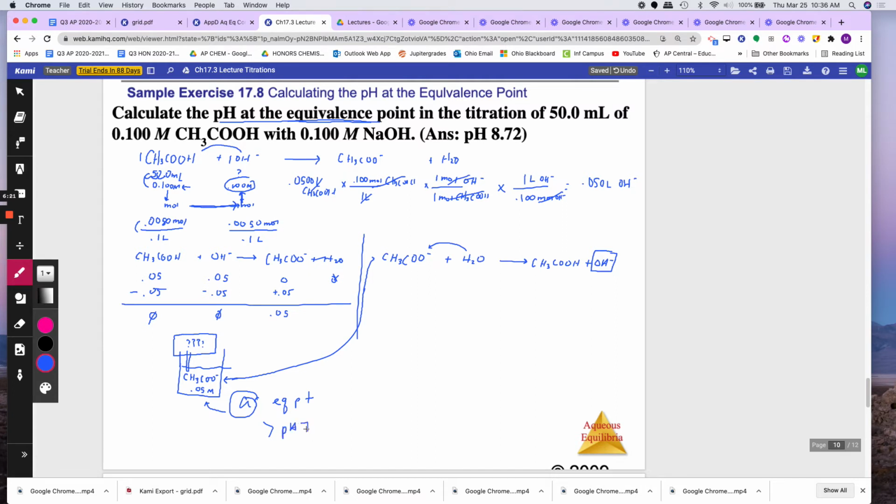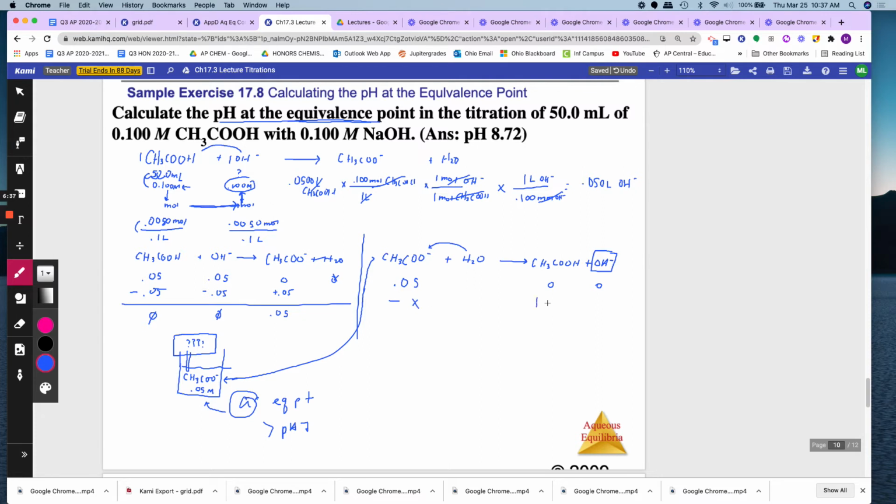So let's find out what it is. First you have to know how much of this you have in the beaker, which is 0.05 molar, and you have 0, 0. You're going to make this react, you don't know how much, plus X, plus X. So this is going to be 0.05 minus X, and X. The extent of this reaction depends on the Ka of the acetic acid.